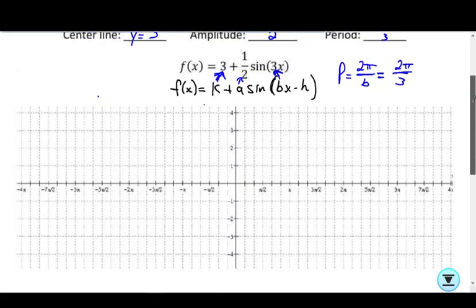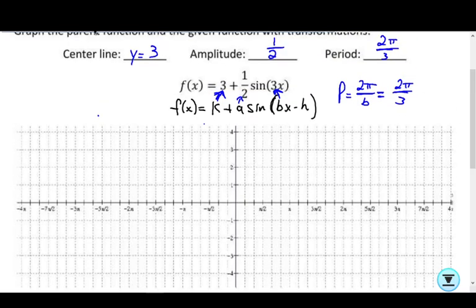But before we can do that, we need to draw our parent function. So we're dealing with sine, the 5 key points of the parent function. And this is 1 period, the original one of sine. So without any transformations, that's 1 period from 0 to 2 pi of sine.